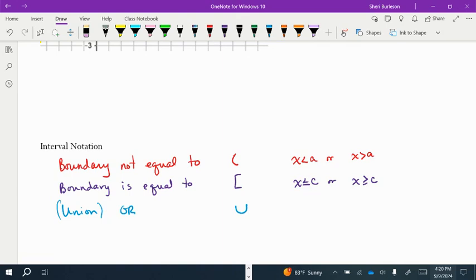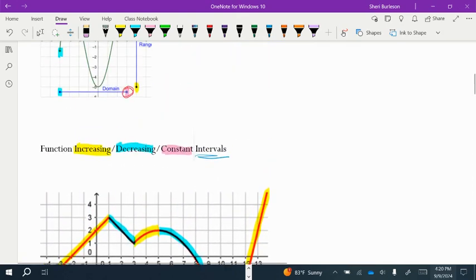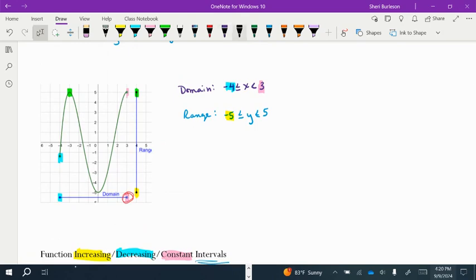Okay, so if I go back up here, my domain, if I were going to write this in interval notation, the boundary is included, is equal to. So my domain, the lower boundary is -4. And because it is equal to -4, I use a bracket. But then all the way up to +3.